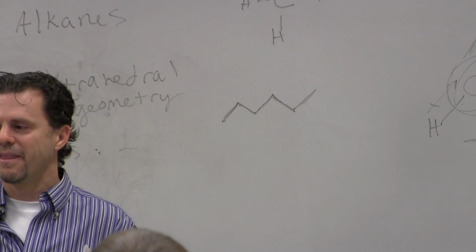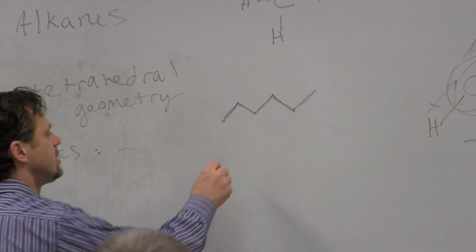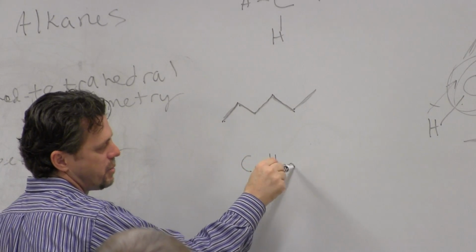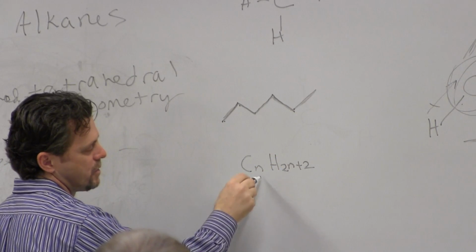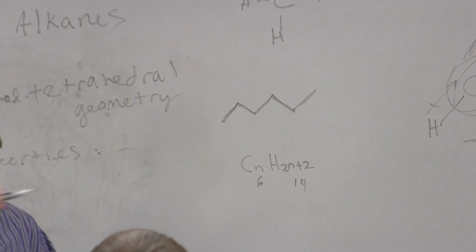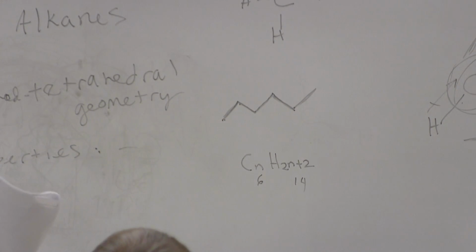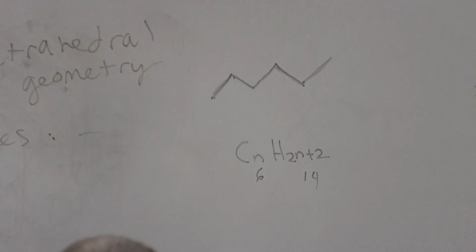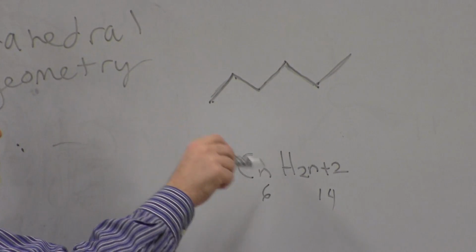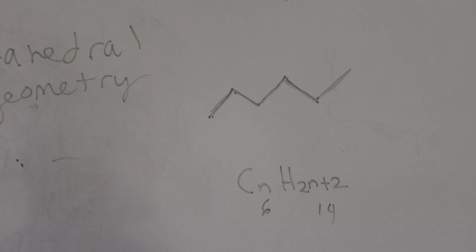What's the rule? It's CnH2n+2, right? So if it's 6, this is going to be 14. Always. If it's just a straight chain alkane, no cyclic structures or anything like this, if you know the number of carbon atoms, you can calculate really quickly the number of hydrogen atoms.